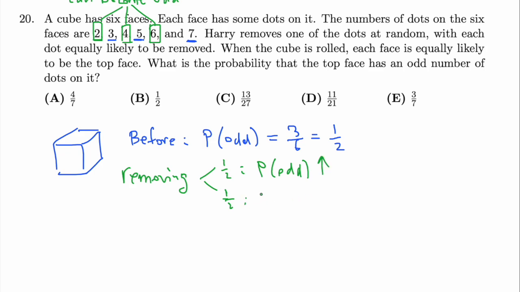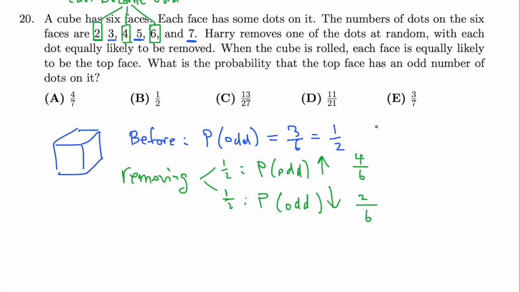The other half of the time P odd goes down. If you remove the dot from 2, 4, or 6, the probability of odd increases to 4 out of 6. But if the other half of the time you're removing from 3, 5, or 7, you've just created more even numbers, so the probability of odd decreases to 2 out of 6.